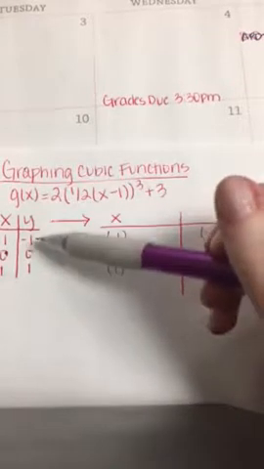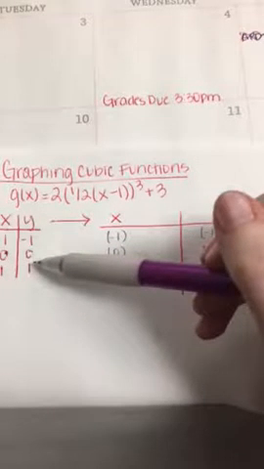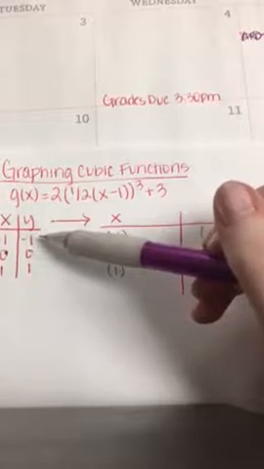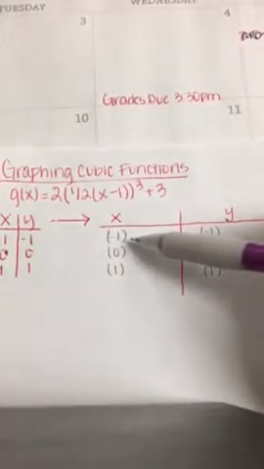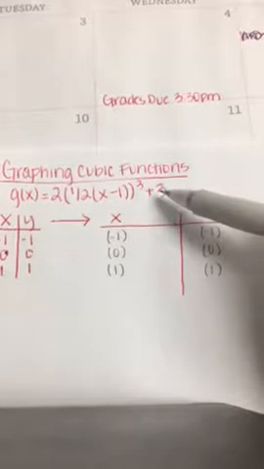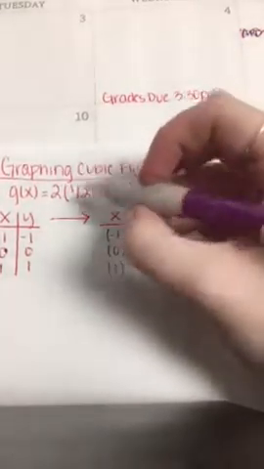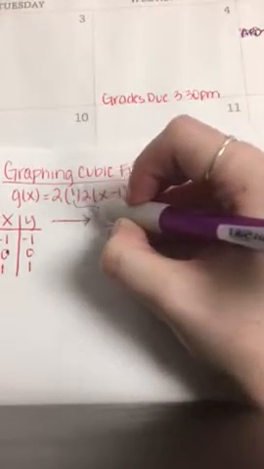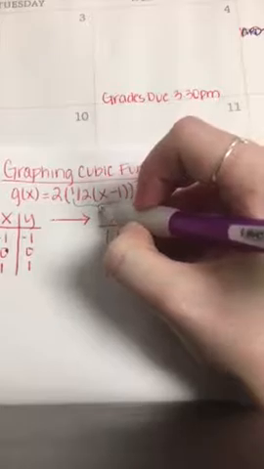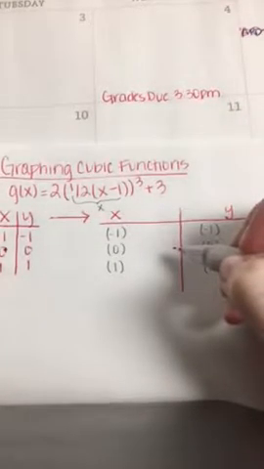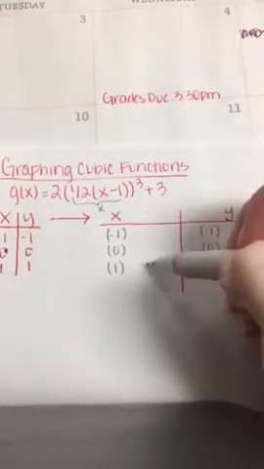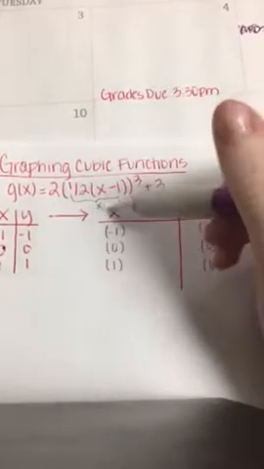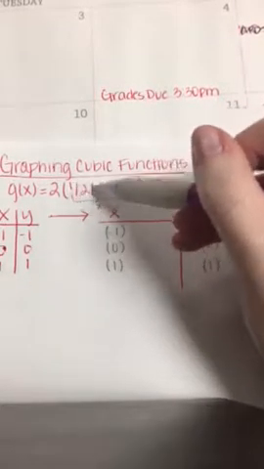So what we're going to do is take the original parent function points and move them according to these numbers. So the first thing we have to understand is that the numbers that affect x are the numbers that are inside here with it. Okay, so b and h affect x. So in this problem, the b value is 2, right?